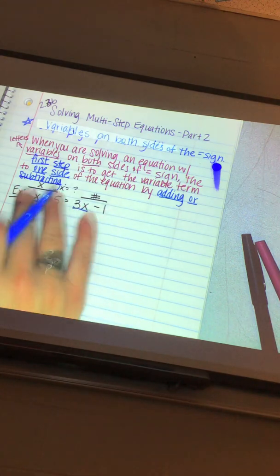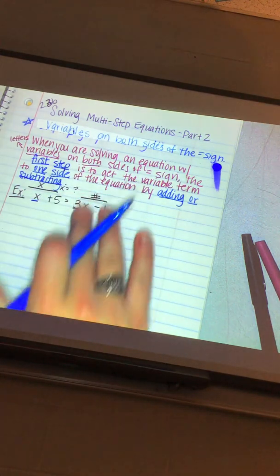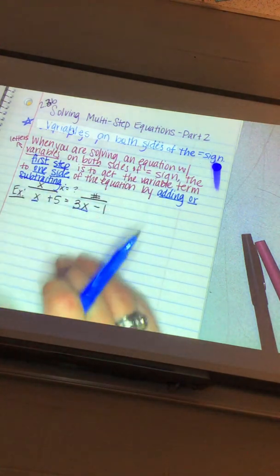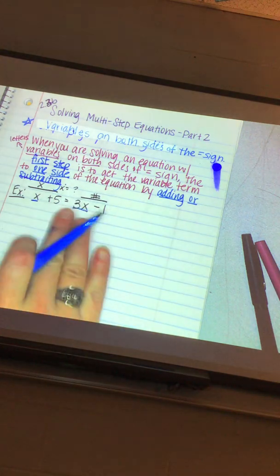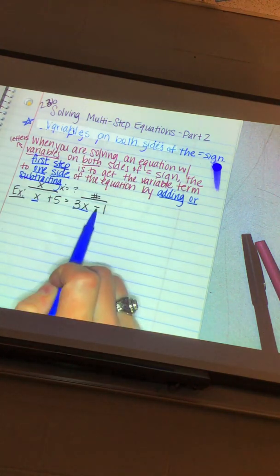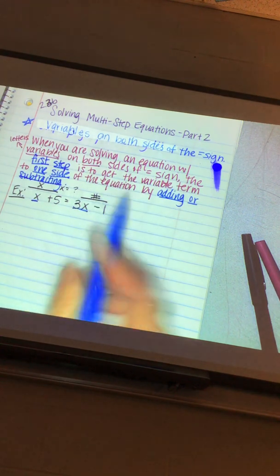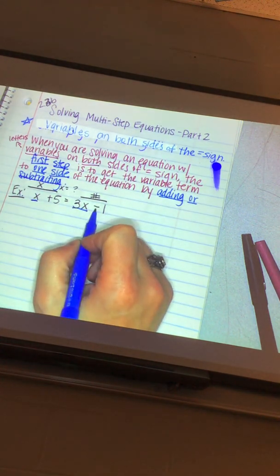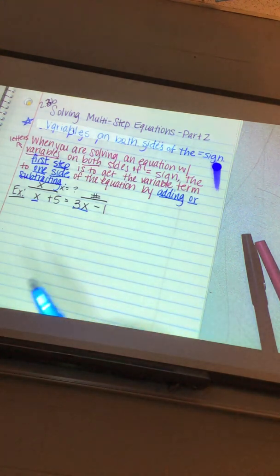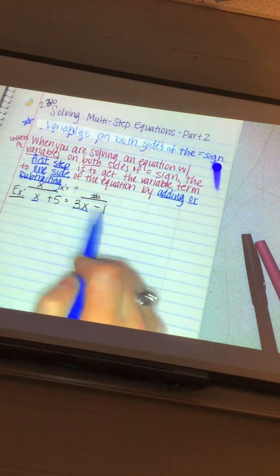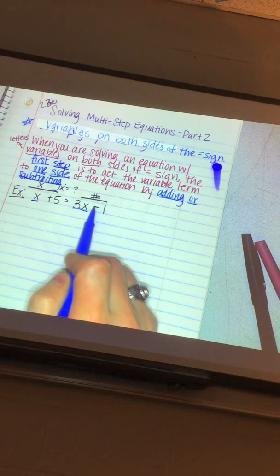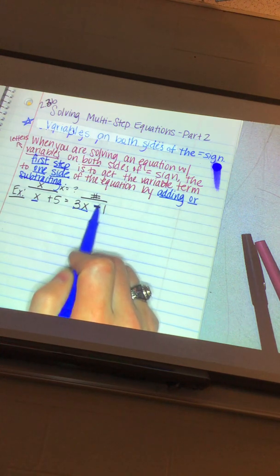We don't have to undo this multiplication. We just have to undo the subtraction that's holding it together to this 1. But really, you can't think of it as subtraction holding it to the 1, because this negative sign belongs to this 1. It goes with what follows it.